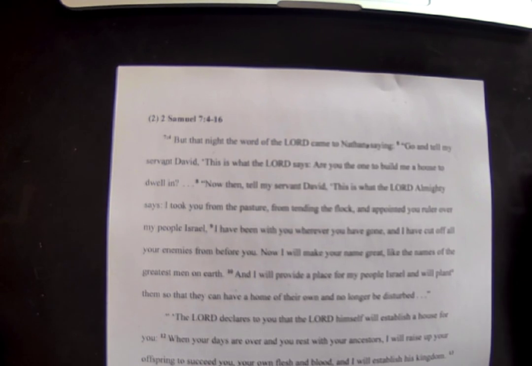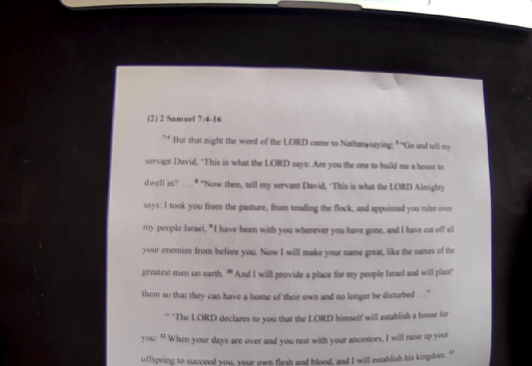So I'm going to talk a little bit about what outlining is, what are indicators of transitions, and then we are going to go line by line over the text of 2 Samuel 7:4 through 16. I am going to outline this passage for you. You have probably already made an outline, but I want you to compare your outline to mine.